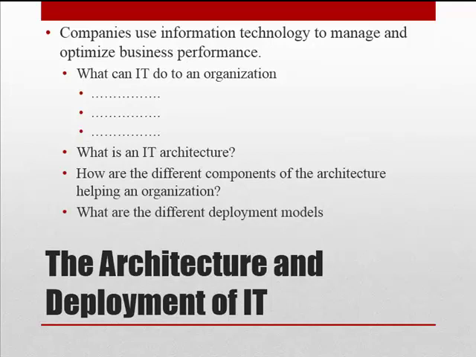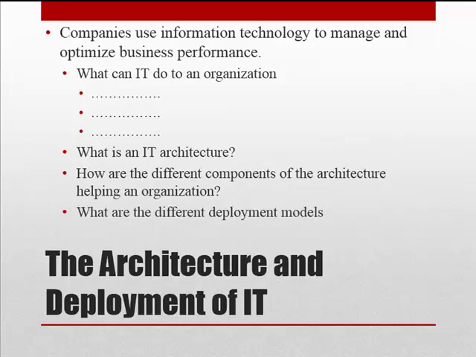So, shortening the life cycle of a business process, and, as we said, reducing the cost by reducing the number of resources required to fulfill a business process. And the third thing is they also want IT to support innovation. So what can IT do for an organization?